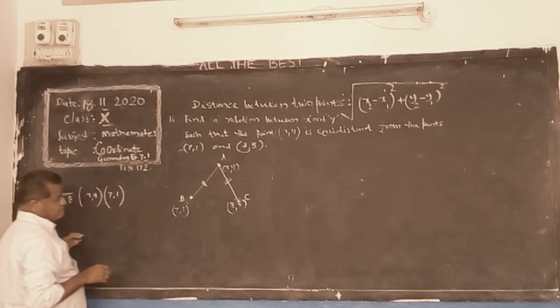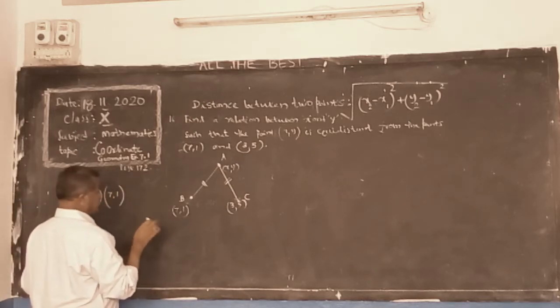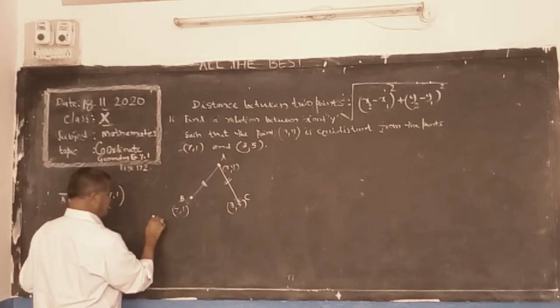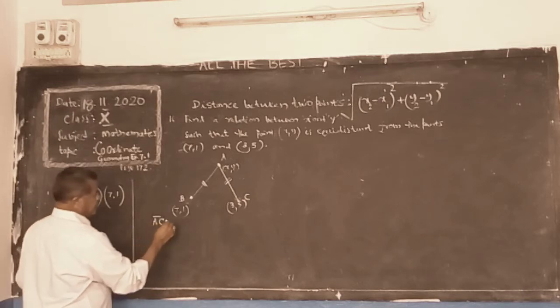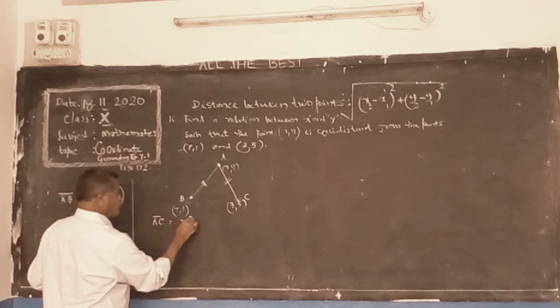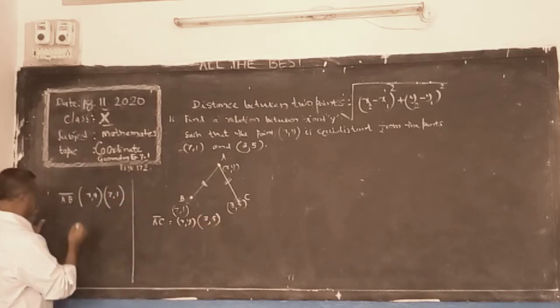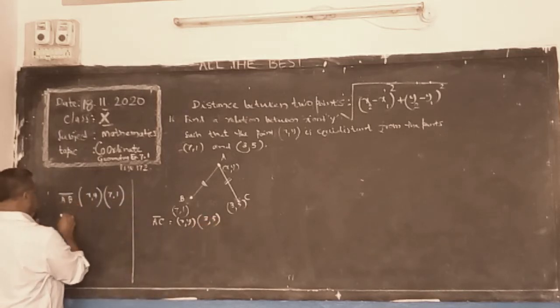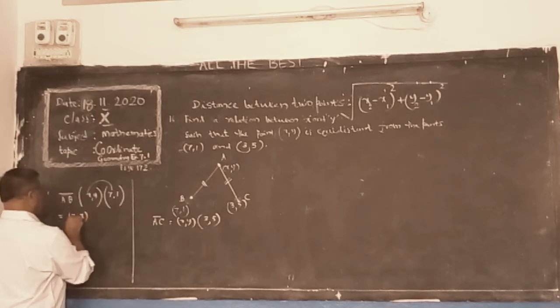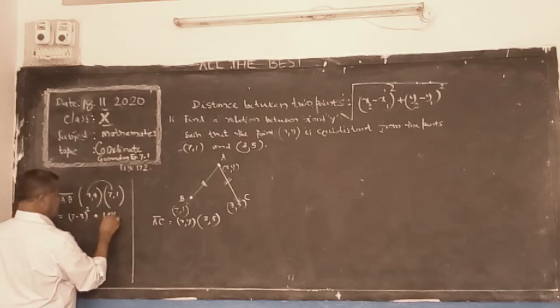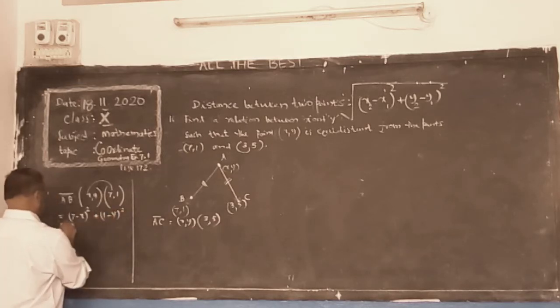And for AC, the distance between A, x y, and C, 3 comma 5. Distance formula: square root of the square of the difference of x coordinates plus the square of the difference of y coordinates.